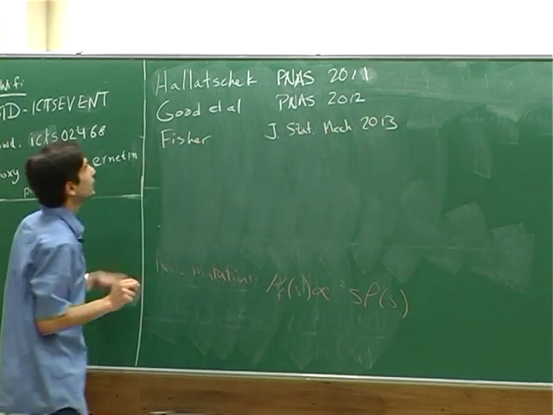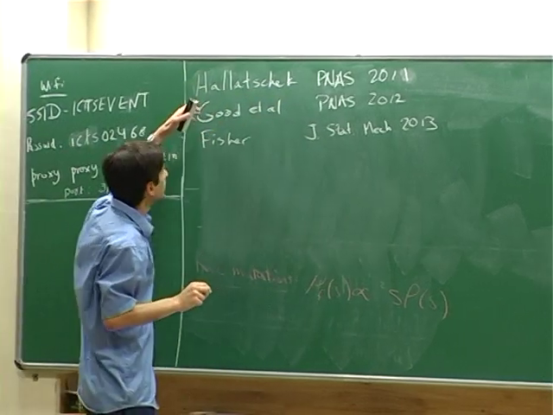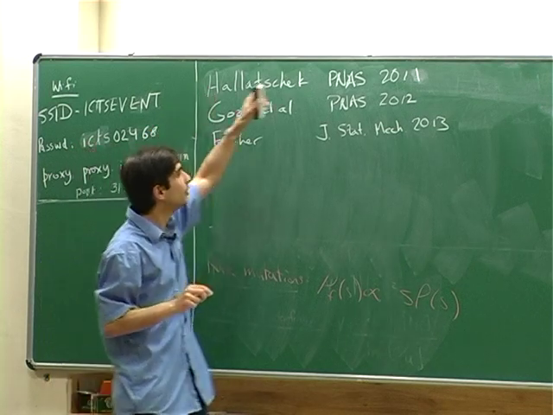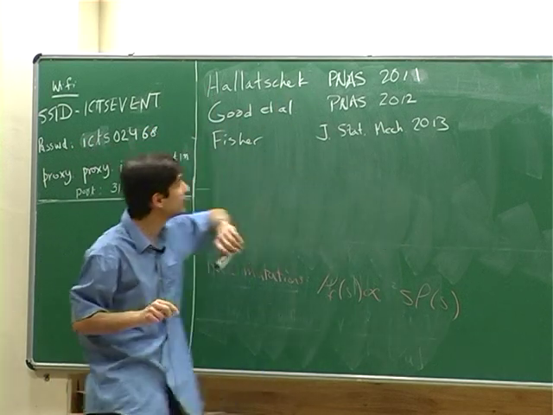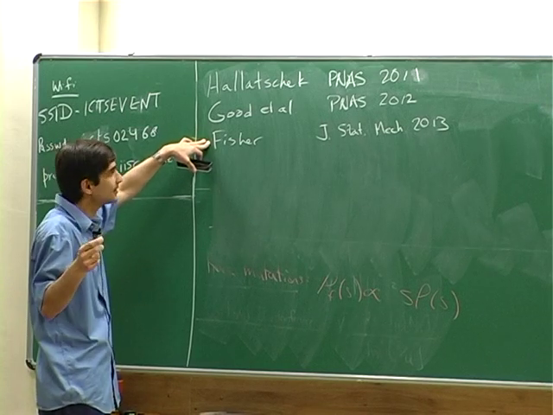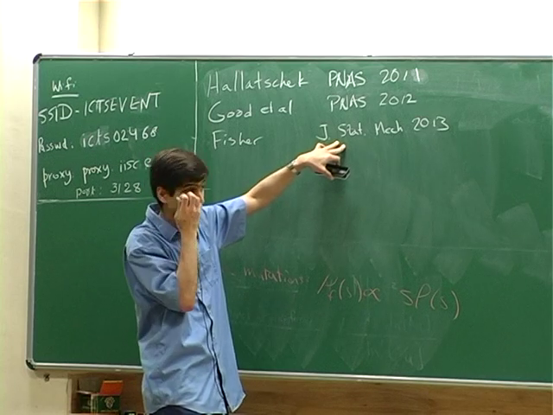This is Oscar Hallatschek's paper, which set up this whole framework. This is the paper by a graduate student in my group, Benjamin Good, which works out these formulas. And this is a paper by Daniel Fisher, my former thesis advisor. This paper is a chunk to bite off.